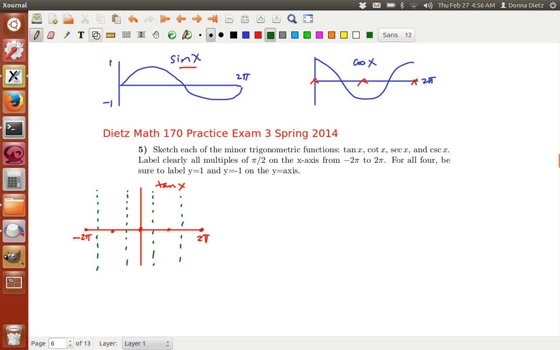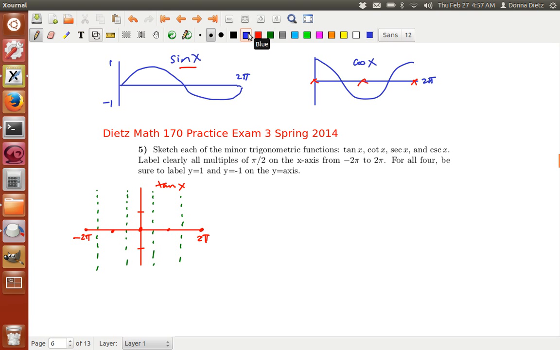Okay, and then the next piece of the instruction says be sure to label where y equals 1 and y equals -1. So this is fine, just putting a tick mark. But then it means the function has to lie in the appropriate place there.